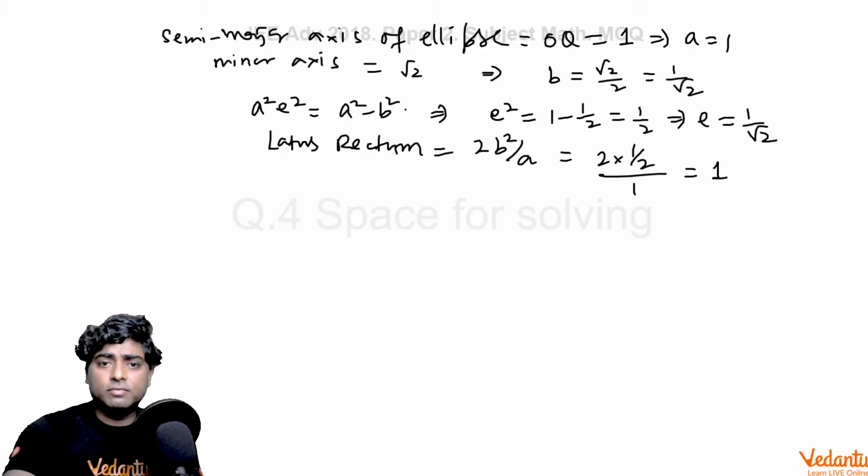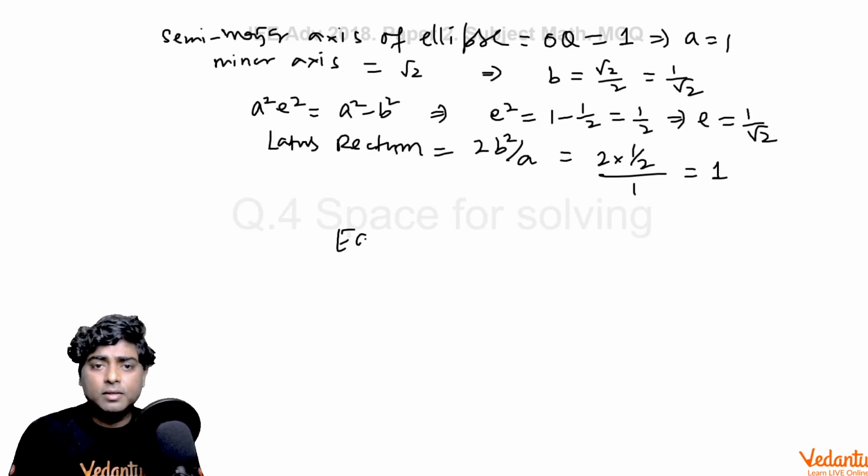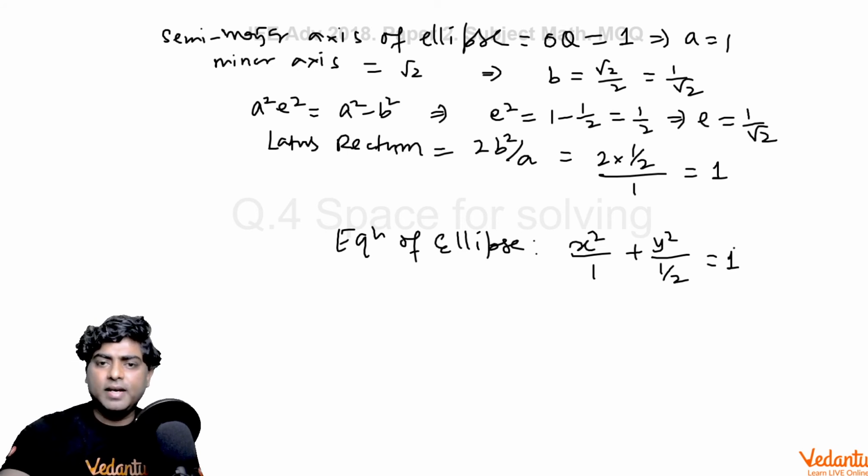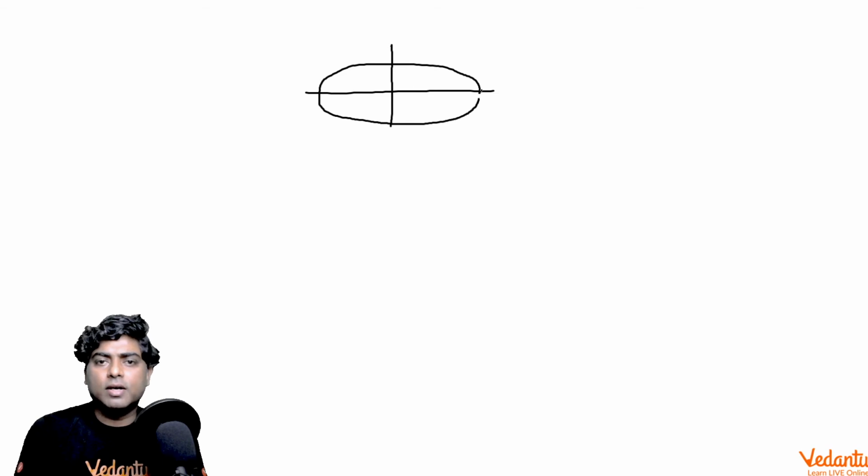If I write the equation of the ellipse, it would be x square by A square, that is 1, plus y square by B square, that is 1 by 2, equal to 1. Now if you find the area, if I plot it, we should show the area which is required to be found.